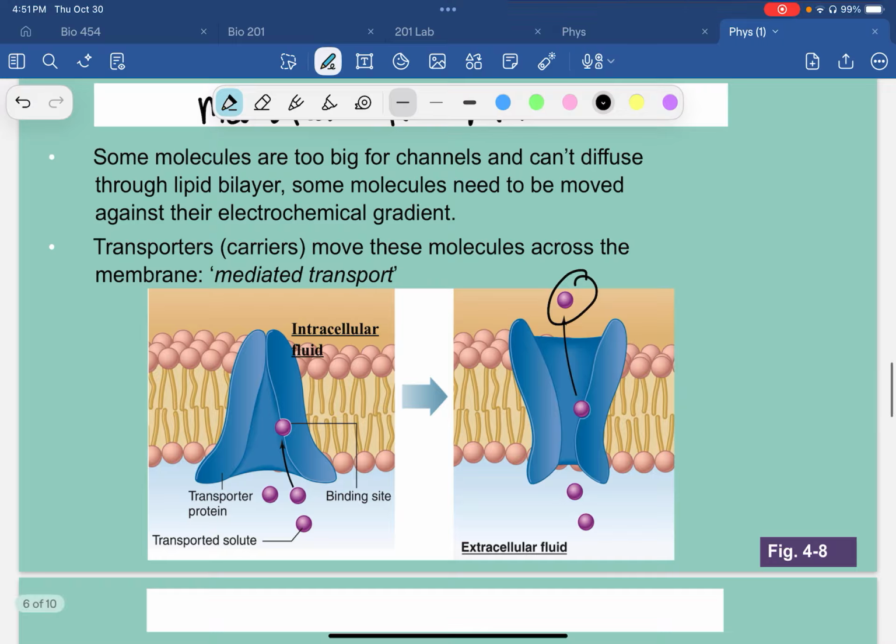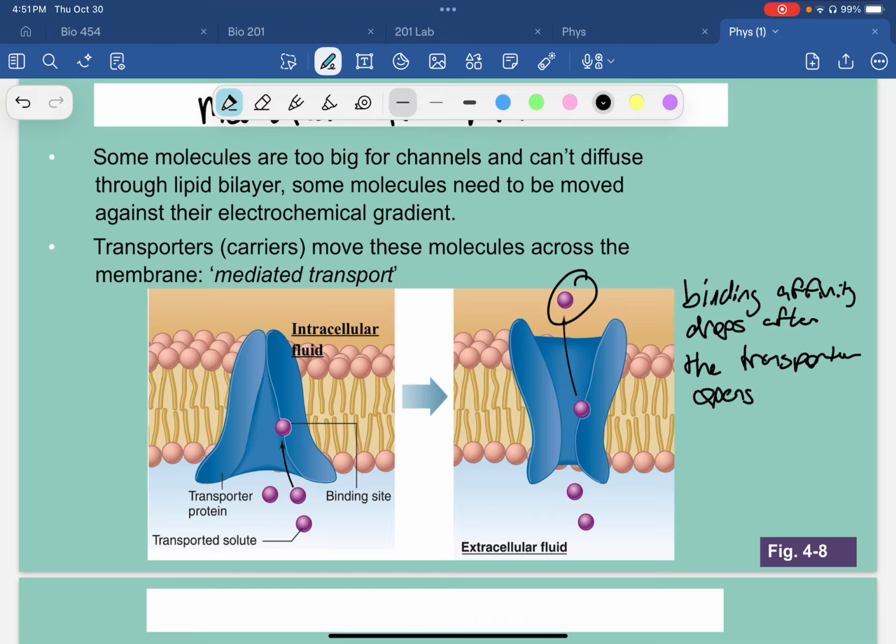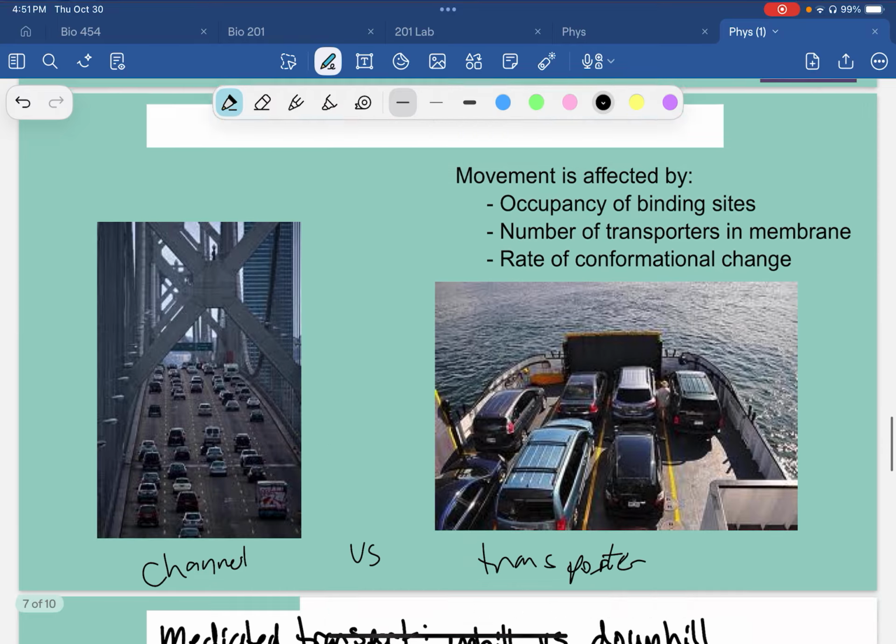Here, your binding affinity is going to rapidly drop, so I'll write that down: our binding affinity drops after the transporter opens. That makes sense because the binding affinity has to drop so that this molecule can move outside. It has high binding affinity so that it will bind, then it will move outside and the binding affinity will drop.